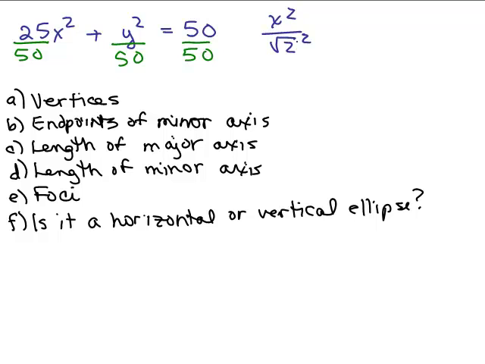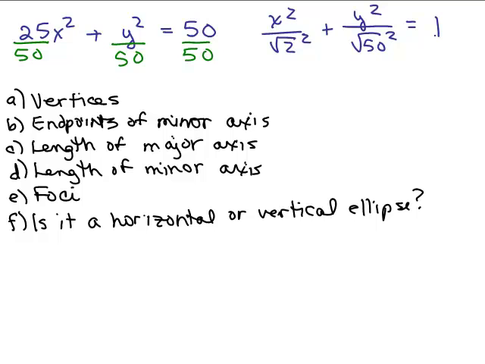Are we okay with that? You could just write 2, but that is square root of 2 squared, plus, then I have y squared over 50. I could write that as y squared over square root of 50 squared. Now, we can simplify that, but I'll do that in a minute, equals 1.